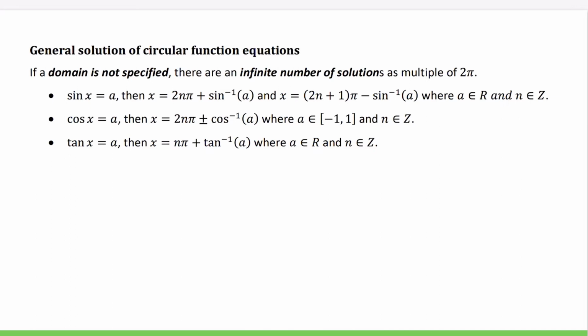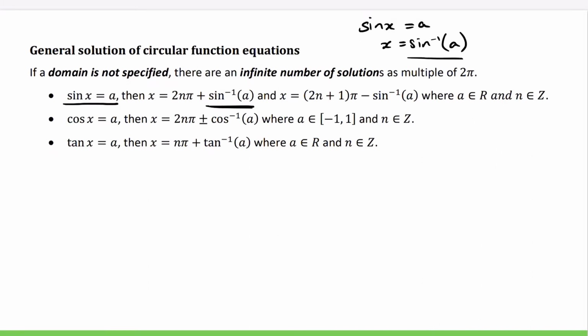The first thing I want to explain is this sine inverse of a. Where does this come from? If sine x is equal to a, then when I'm solving for x, I take sine inverse of a. If you remember, that's when we find our base angle and then think about which quadrant it's in and so on. The idea is that there isn't going to be just one answer.